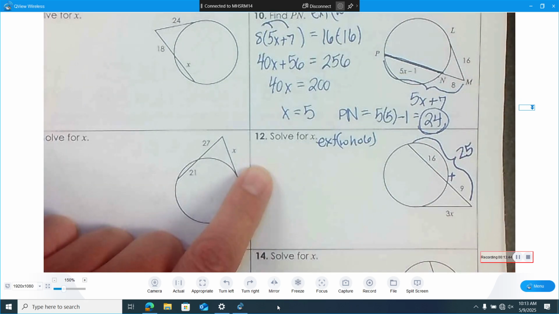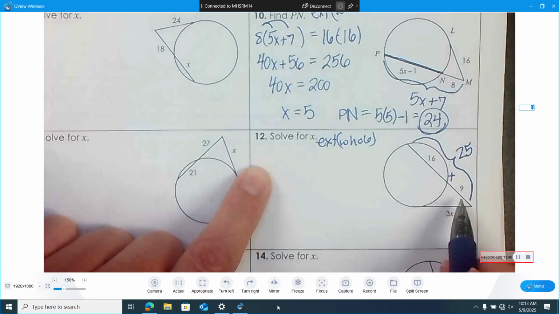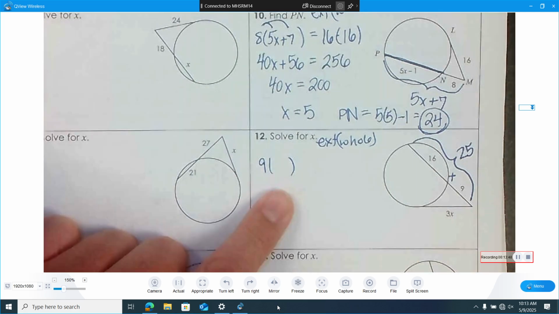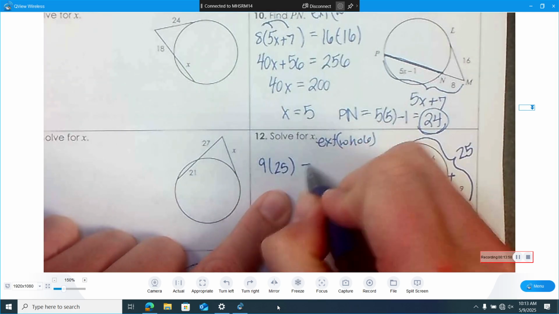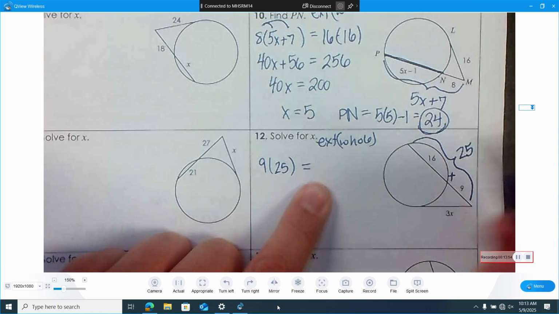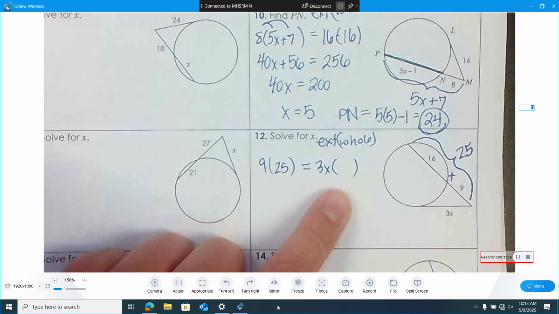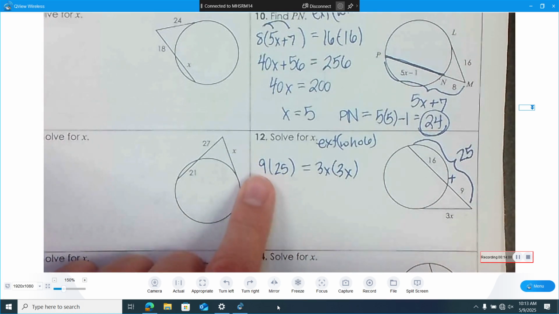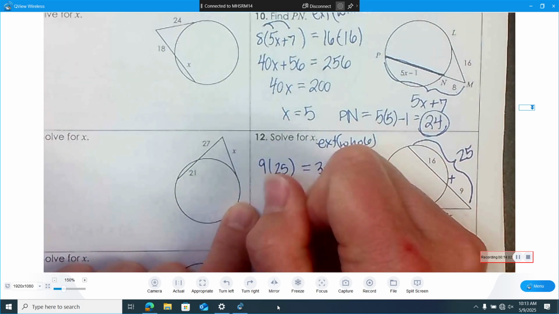So what's the exterior? 9. What's the whole? 25. And then on my tangent line here, what's the exterior? 3x. And what's the whole? 3x. Okay. All right. 9 times 25 is 225.